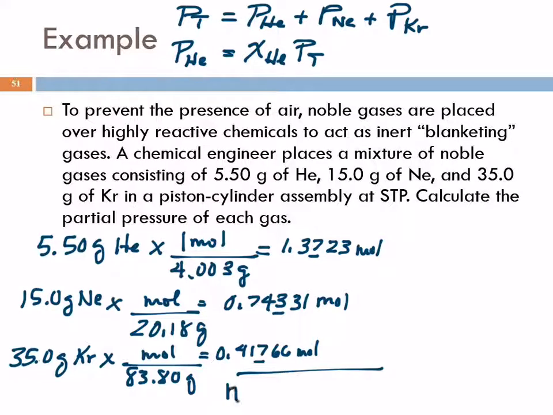So n total is 1.3723 plus 0.74331 plus 0.41766, which is 2.53327. Did I do that right? Anybody? Okay.